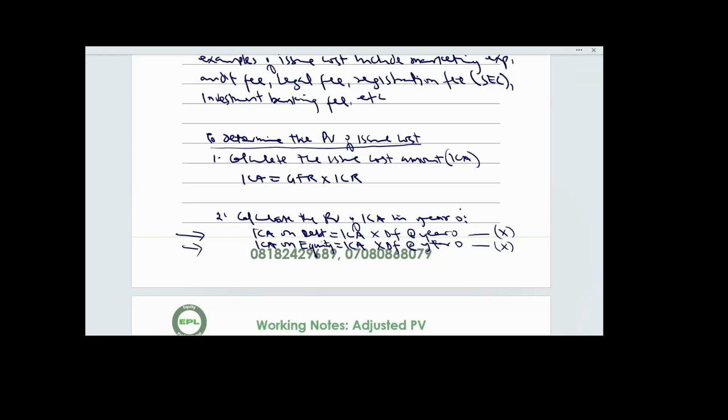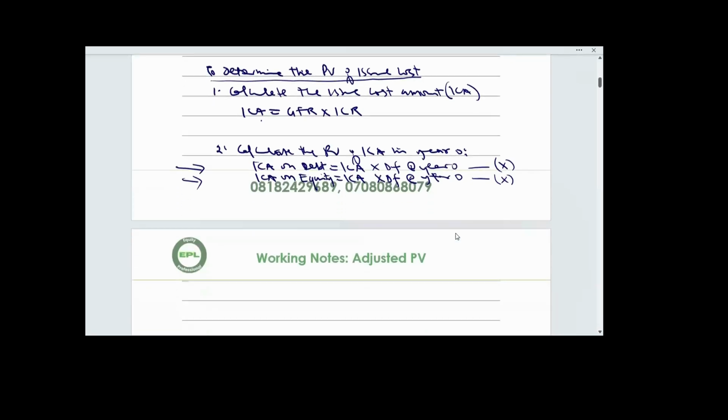All right. So the issue cost amount you are going to get here will be in 2 folds. One for debt, one for equity, because the issue cost rate on debt will be different from the issue cost rate on equity. So you are going to multiply the percentage on the gross finance required of each of them. So when we have live question, I will be explaining more on that.